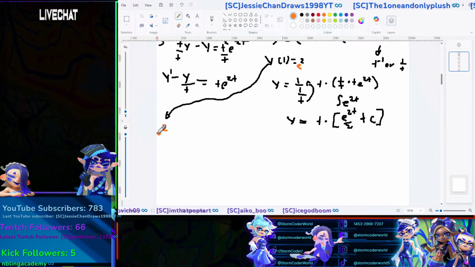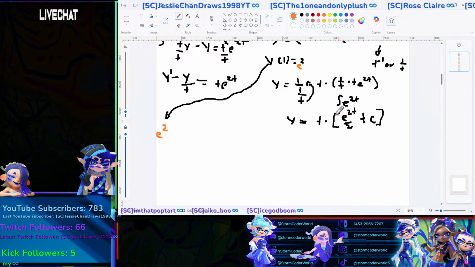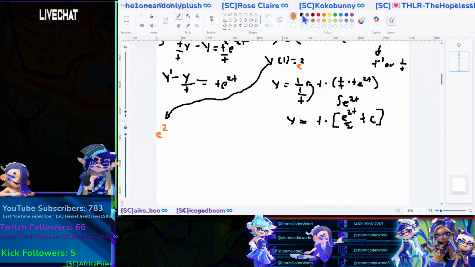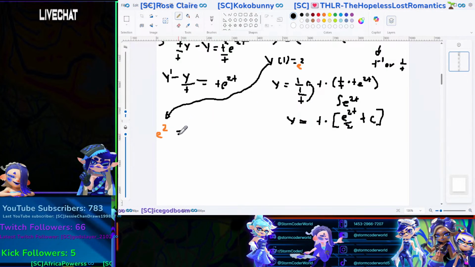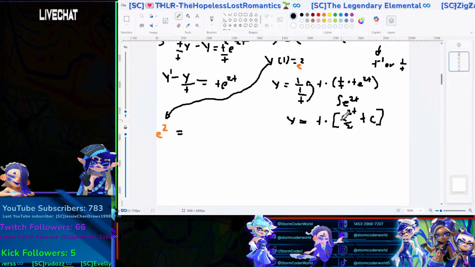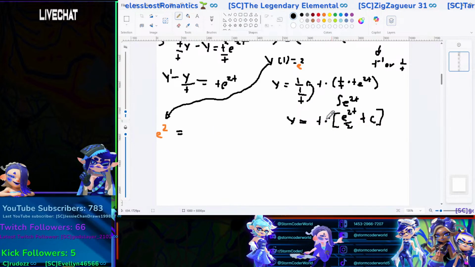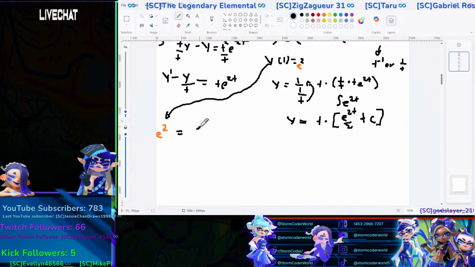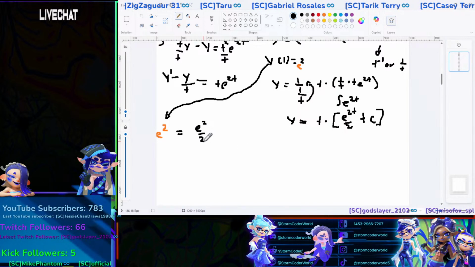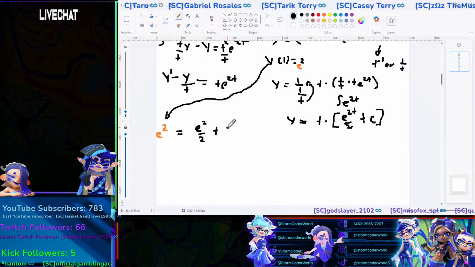So I have e to the 2. So that's incorrect. And then this is equal to, in this case, this is 1, this is 1, this is 1. So I get 1 times this. So I just get e squared over 2 plus c.